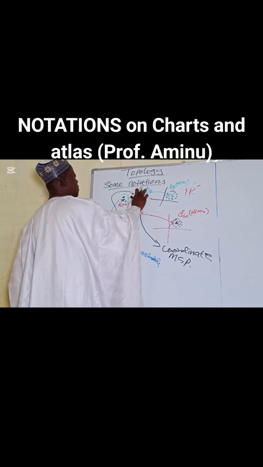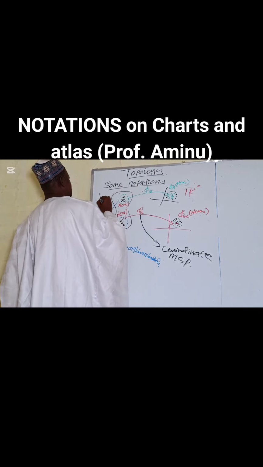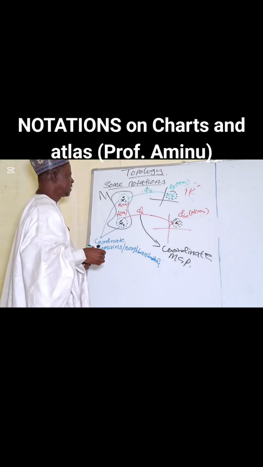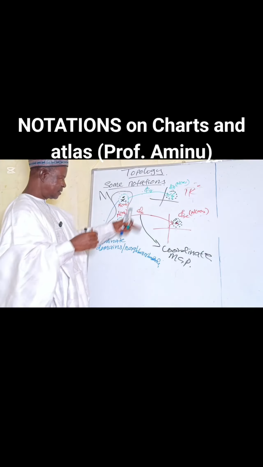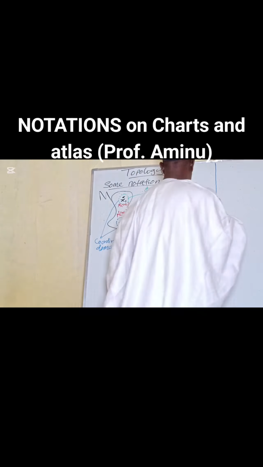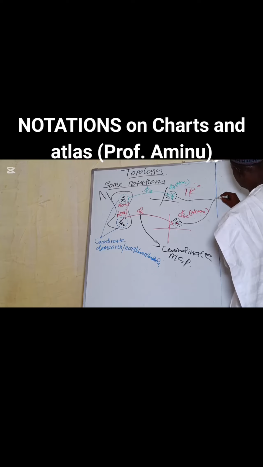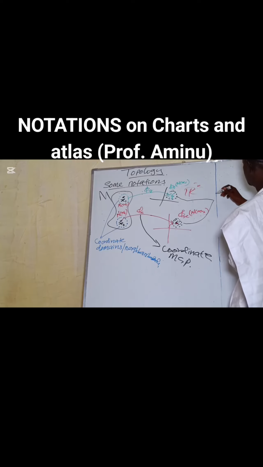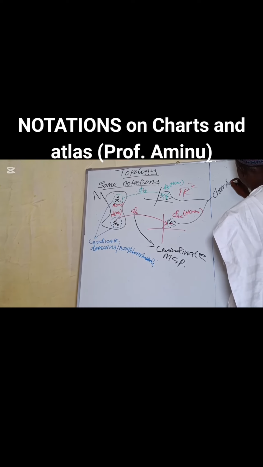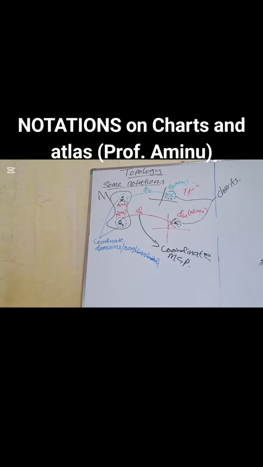Phi Y is also a coordinate map. This is our M, the manifold. And their images, which they produce in R2, also have a name. We call them charts.